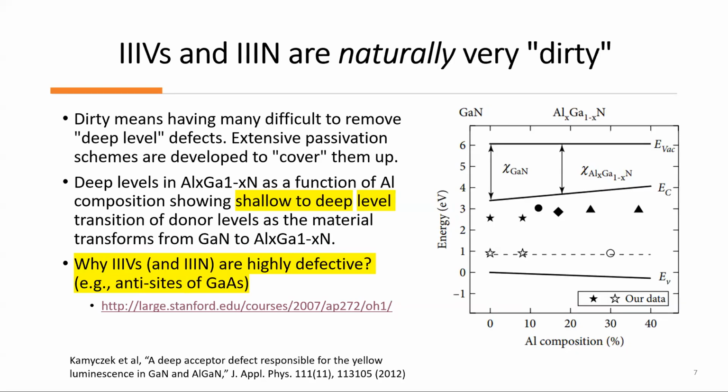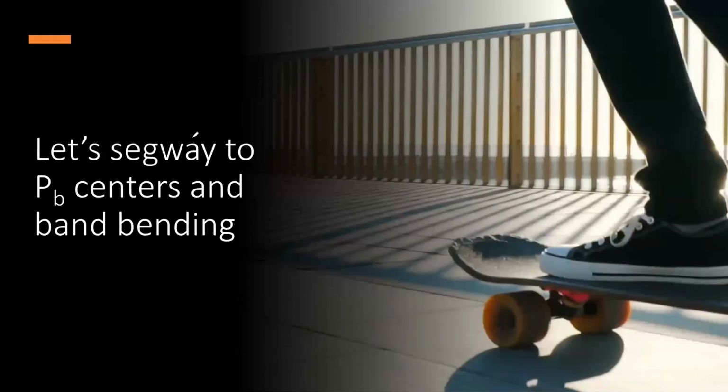So okay, now let's segue to the Pb center and the band bending. I want to segue a little bit so you understand what I meant by Pb center and band bending, and what is called the fundamental Fermi level bending issue for devices.